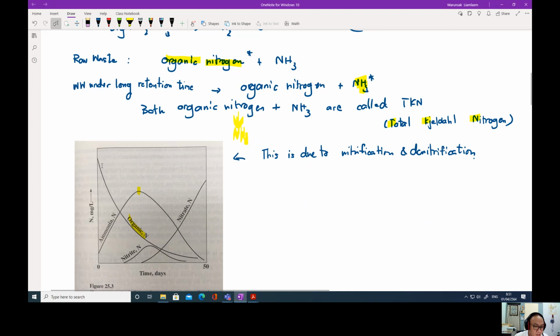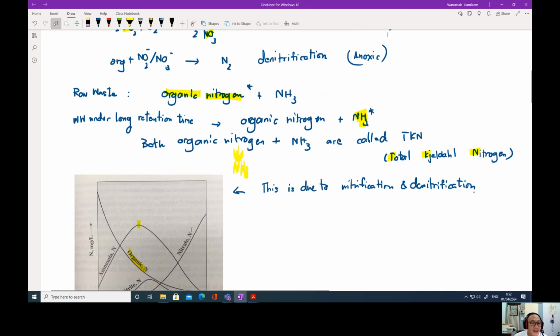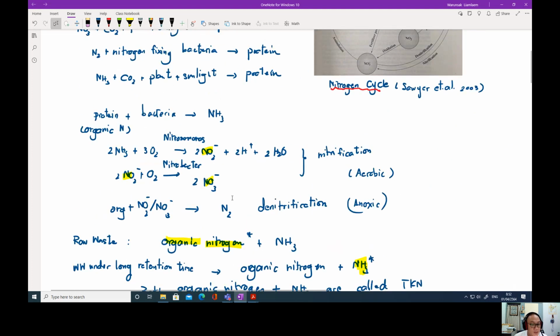This reduction actually follows first order kinetics. But if you have a look at the ammonia, you'll find the ammonia will gradually increase as the organic substance breaks down. The amount of ammonia will gradually increase until reaching the maximum value. After it has reached the maximum value, it gets reduced again. Ammonia gets converted into nitrites and becomes nitrates according to the nitrification reaction.